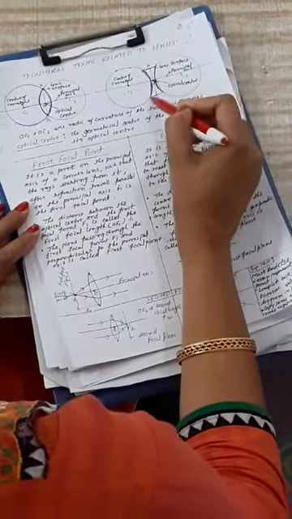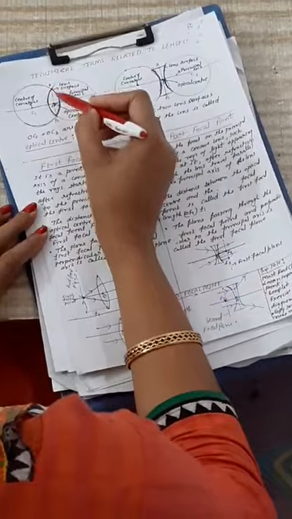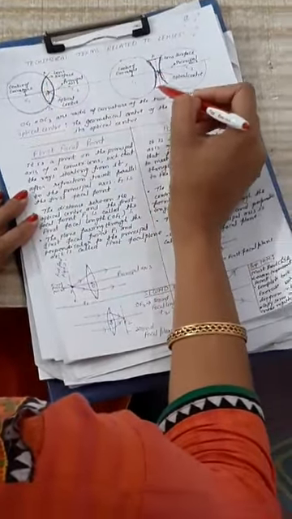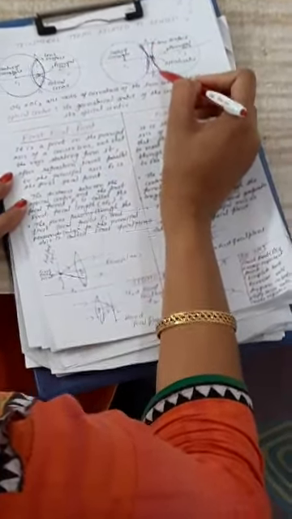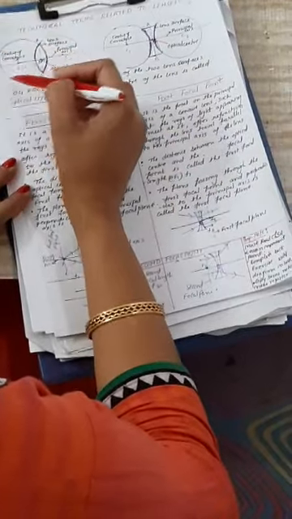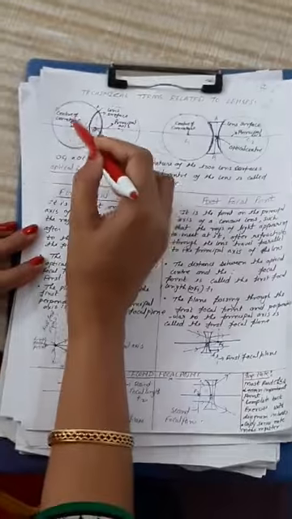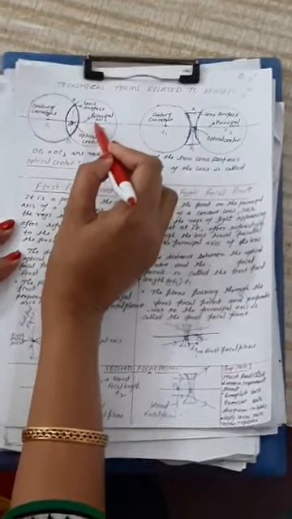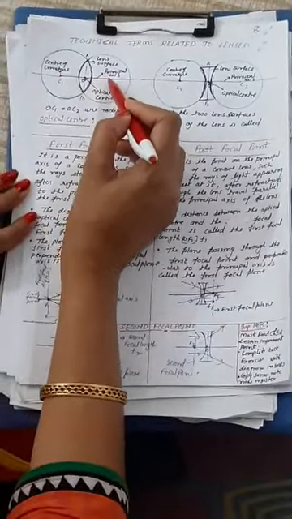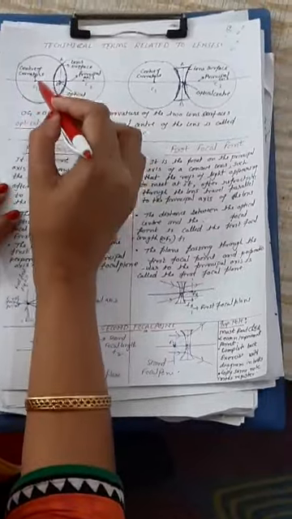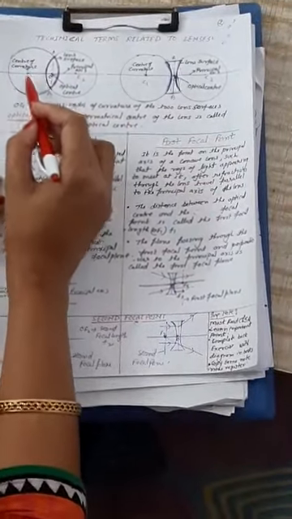So clearly, if you look, this is a convex lens and this is a concave lens. What are the points given here in this diagram? All these terms you have learned in the case of mirrors also, but in the same way we are going to discuss them in the lens.